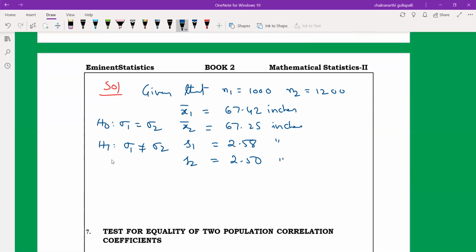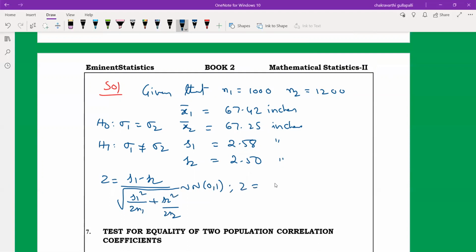Now the formula, here is the Z formula: (S1 minus S2) divided by the square root of (S1 square by 2n1 plus S2 square by 2n2) follows N(0,1).